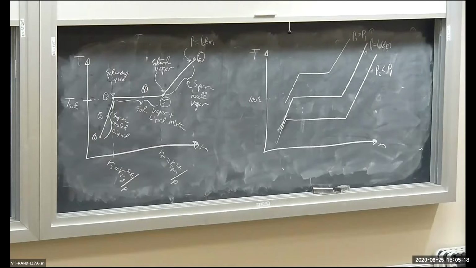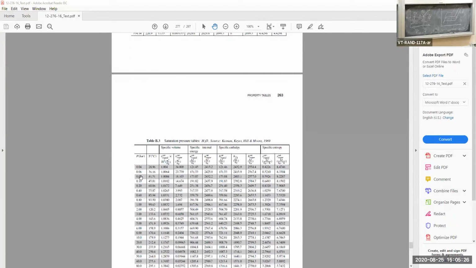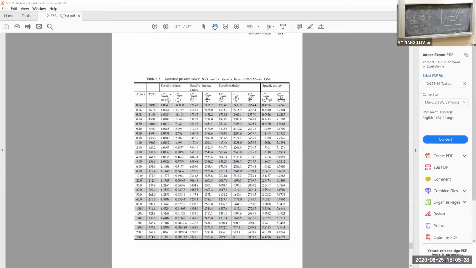Let's go to the pressure table. I don't know what the pressure is in Denver. If the pressure is 8/10 of an atmosphere, more or less, it's down to 93 degrees. I'm not quite sure if it's that low, but let's say P2 is 0.8 bar.